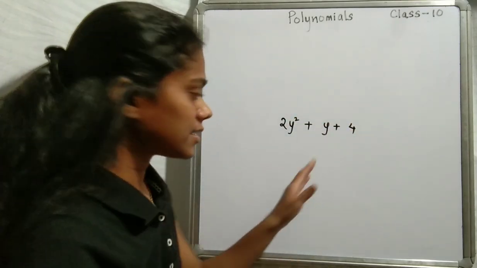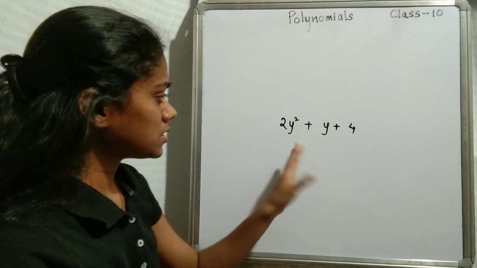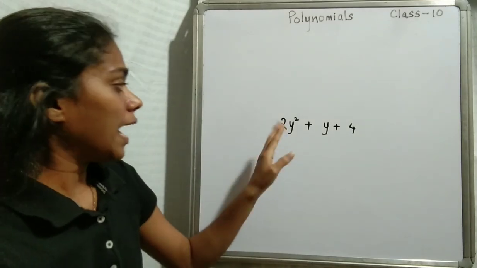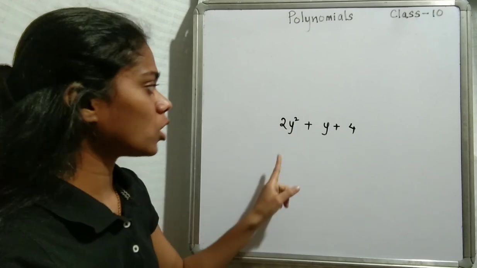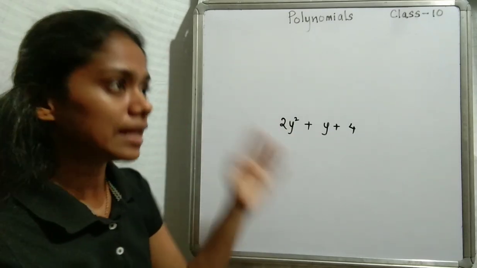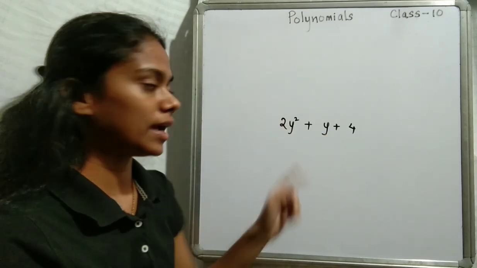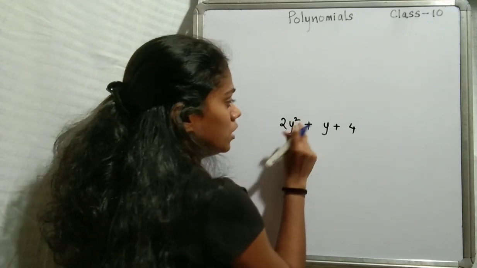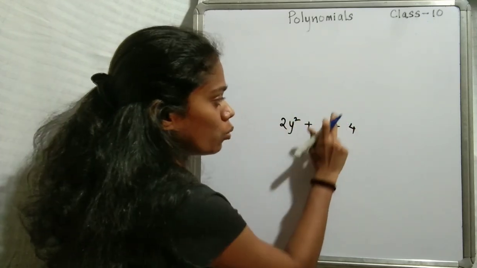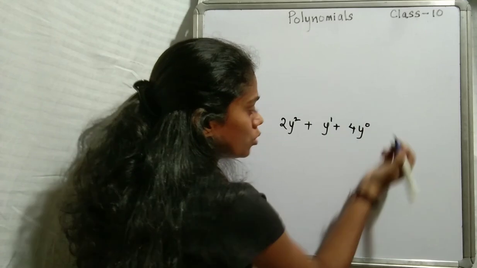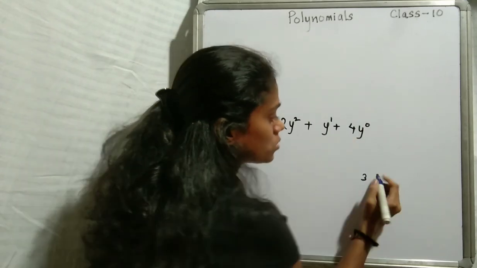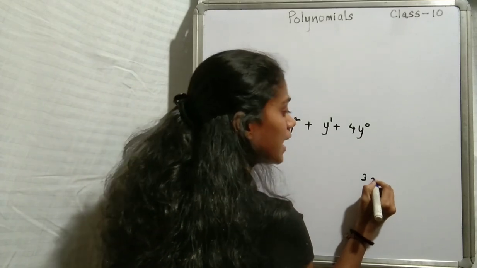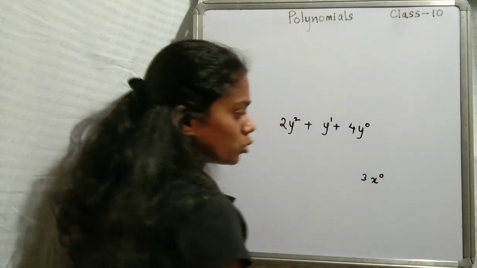Next, so this is another example of a polynomial. You can see this is a polynomial in variable y, and the degree of this polynomial is 2 because the highest power of the variable in this polynomial is 2, right? This is y raised to 2, this is y raised to 1, and this is y raised to 0. If there is a constant in the polynomial, that means it is multiplied to a variable, say x raised to 0.